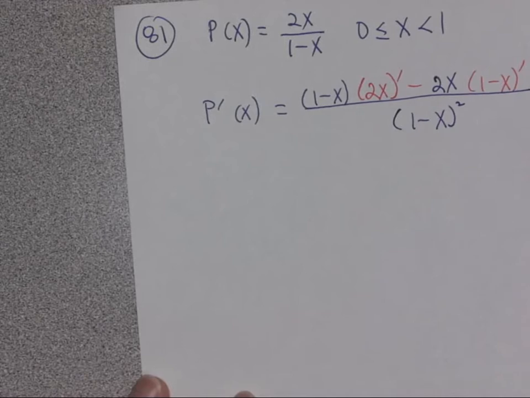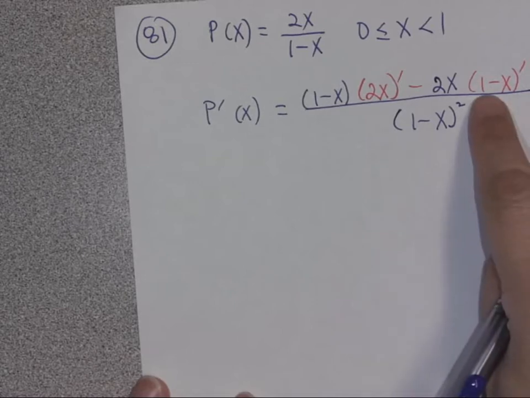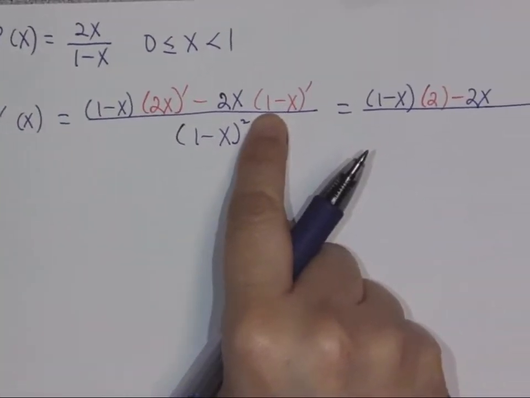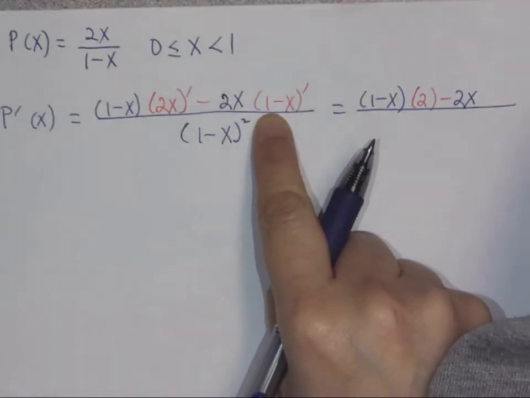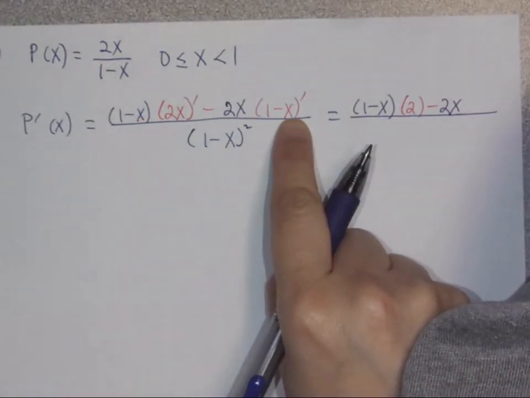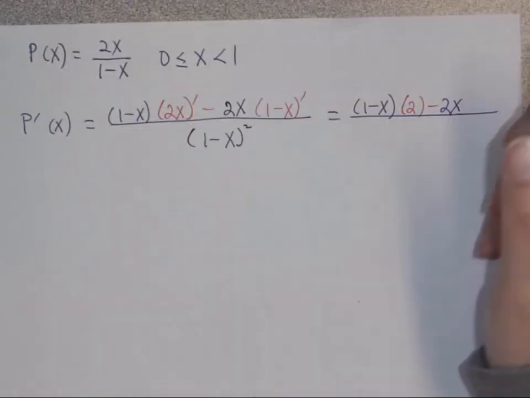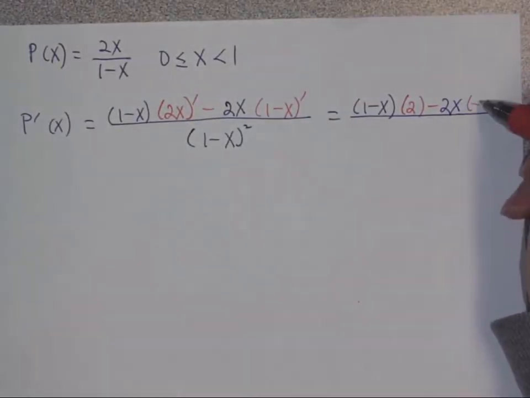Okay, so this is 1 minus x times 2, minus 2x times the derivative of the bottom, which is 1, so it's multiplying a negative 1.